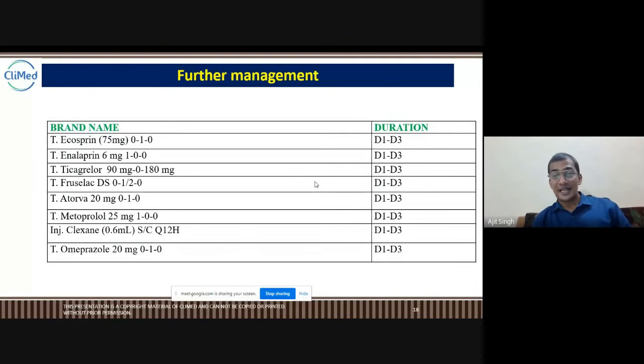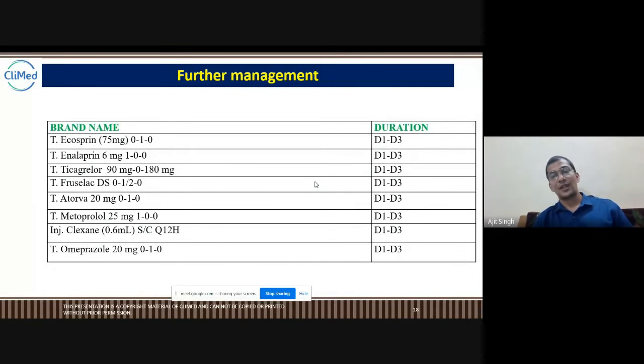Next is the P2Y12 inhibitor, previously called thienopyridines. Now we call them P2Y12 inhibitors because they work by inhibiting the P2Y12 receptor. The first drug in that category was clopidogrel, and still we use clopidogrel in many cases.